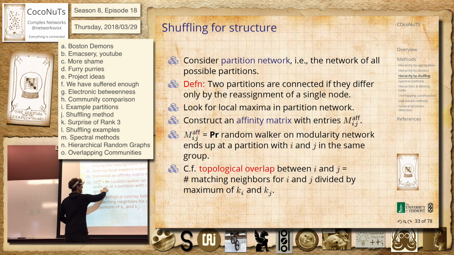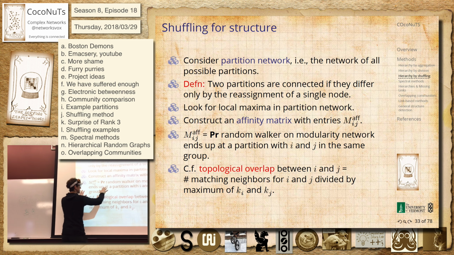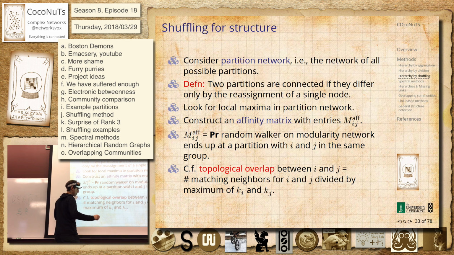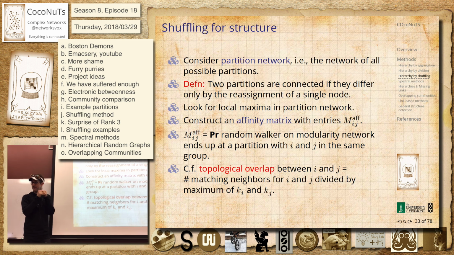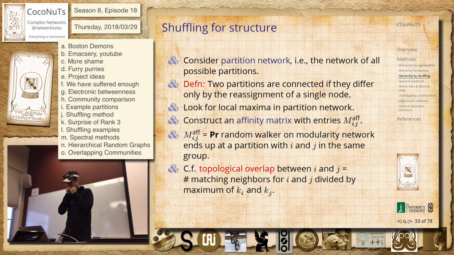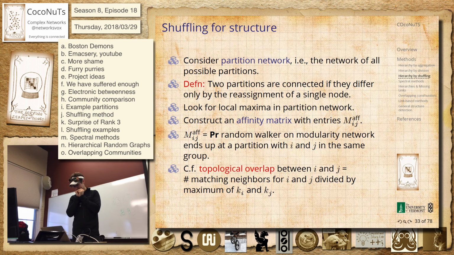So they're the probability that if you make this network of partitions and you randomly wander around on that network, you are at a partition where I and J are in the same group. It's pretty nuts.